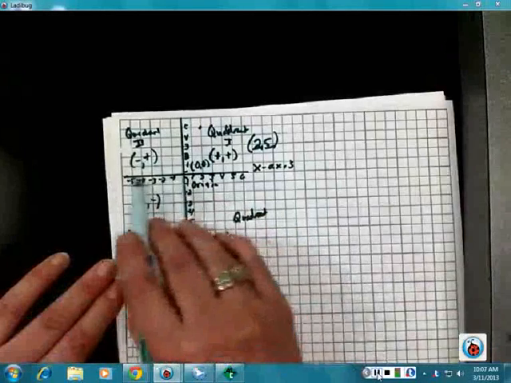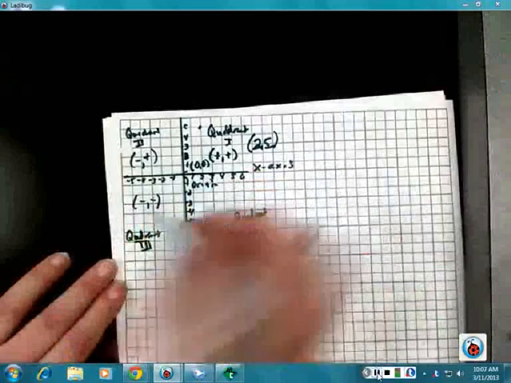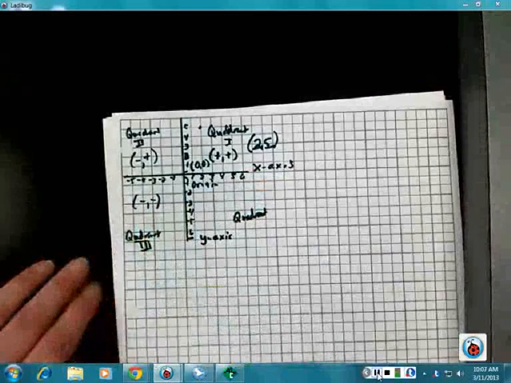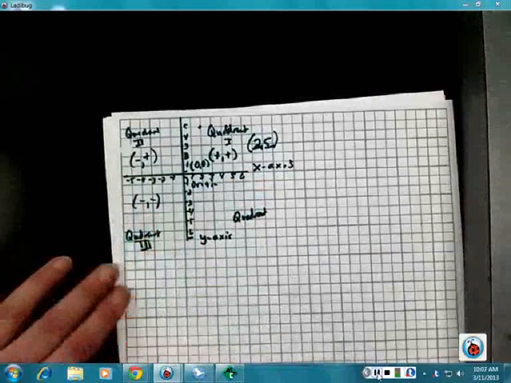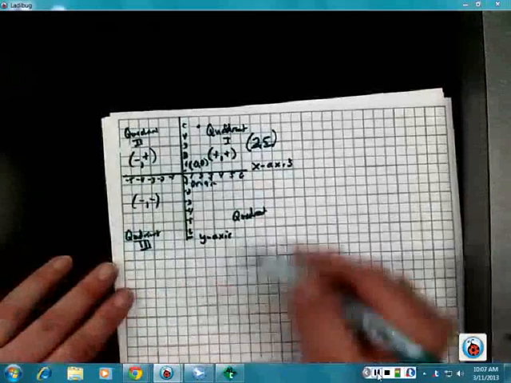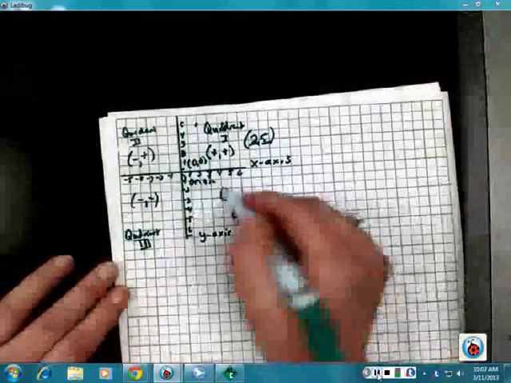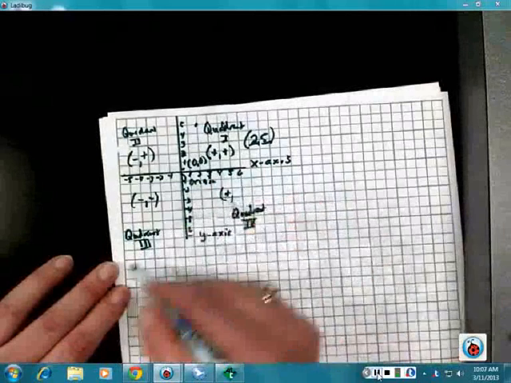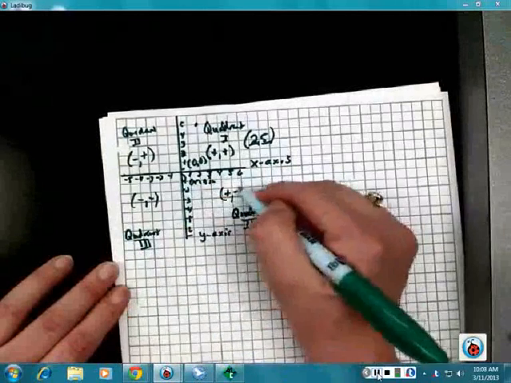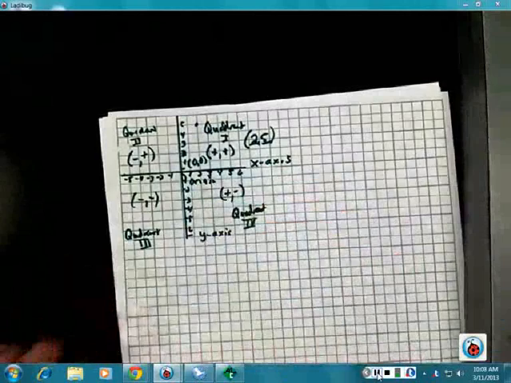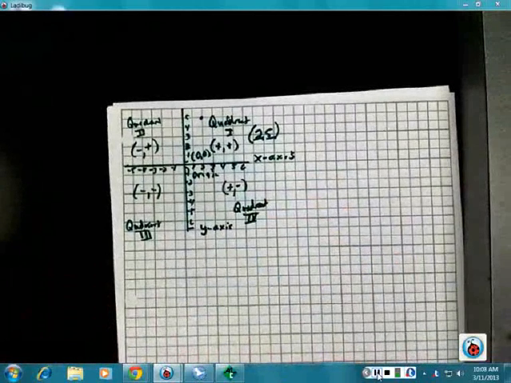Because x's are negative and y's are negative, so both things are negative in there. And the last quadrant, which is quadrant 4, what do you know about it? Well, if I look at x's, they are positive. If I look at y's, they're negative. And so therefore, when I look at those quadrants, that's the pieces that I know fit into that.